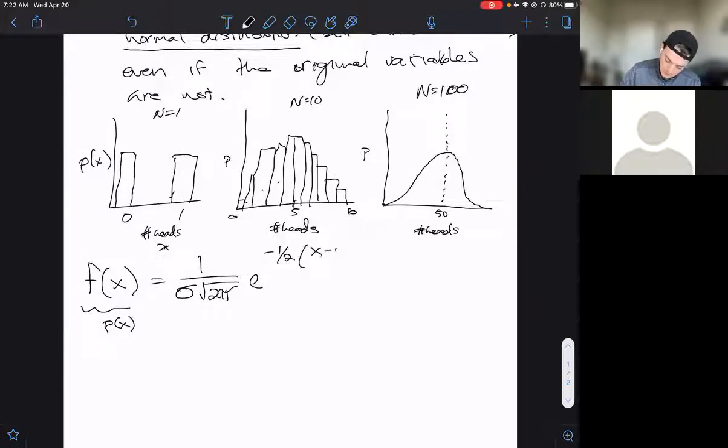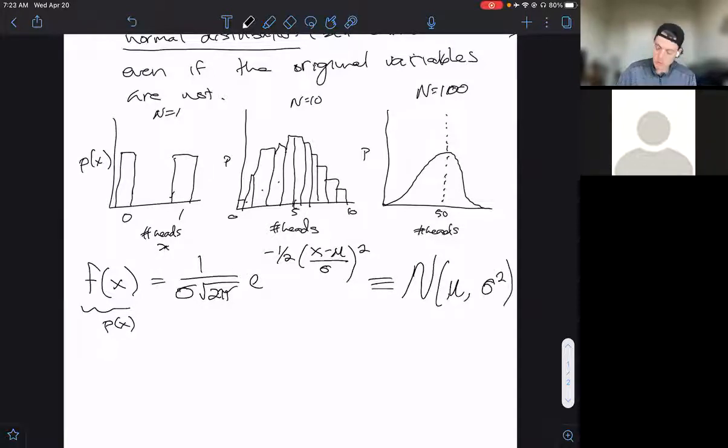Then we have the x from before, minus a notation called mu. We've got the sigma again, and we square that. And this is equivalent to writing something like a special N for the normal distribution, and then it takes two parameters, mu, and then the sigma squared.